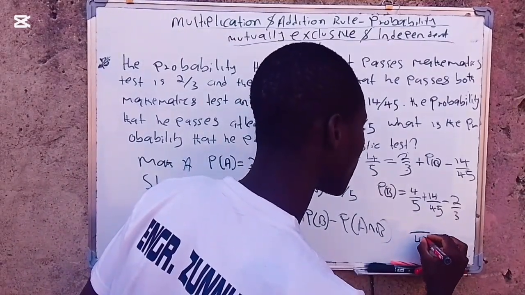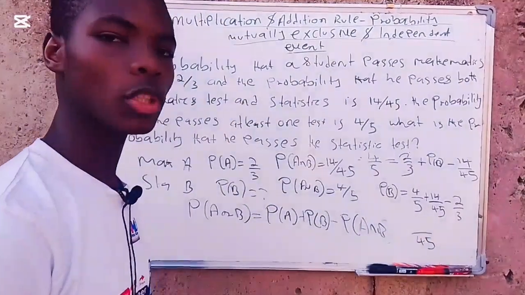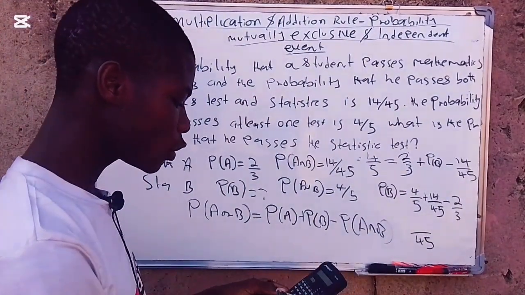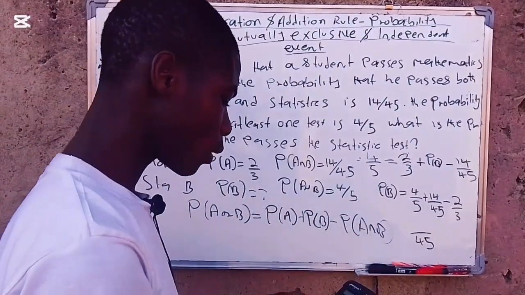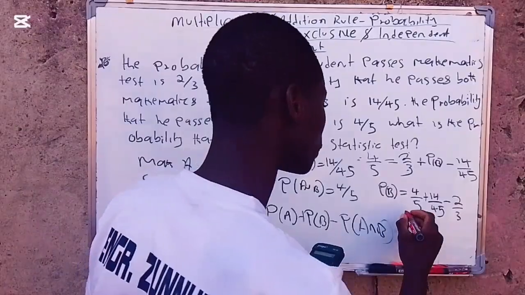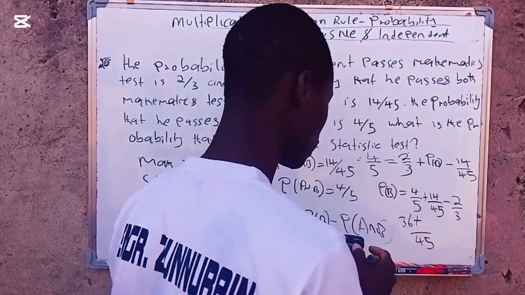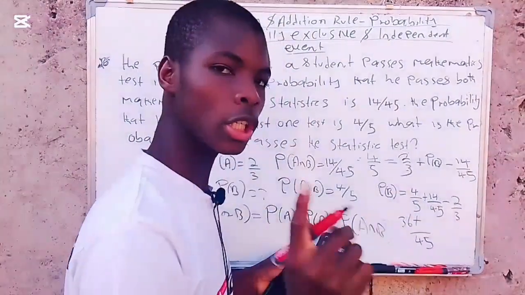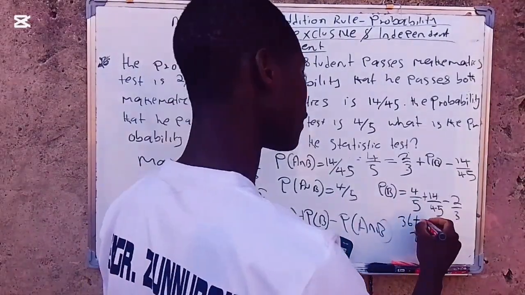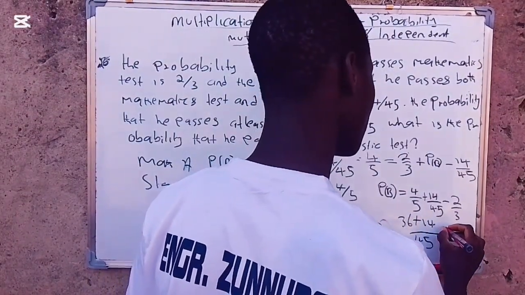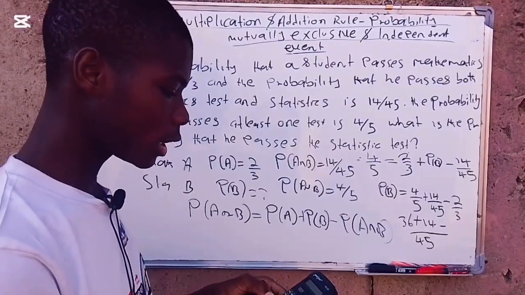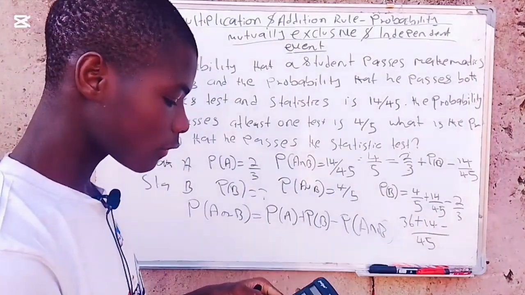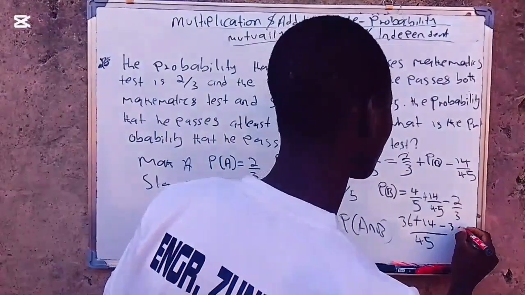LCM 45 can go. 45 into 5, I get 9. 9 multiplied by 4 gives me 36, plus 45 into 45 gives me 1, 1 multiplied by 14 is 14, and minus, 45 into 3 I get 15, 15 multiplied by 2 is 30.